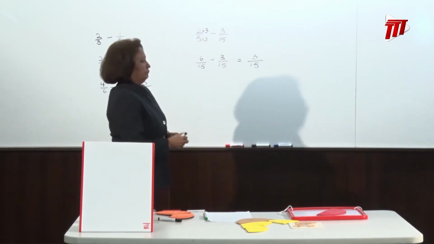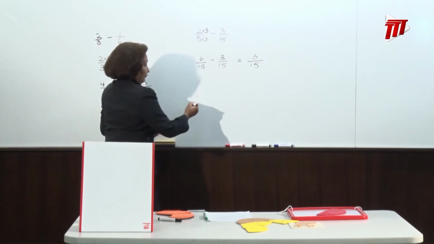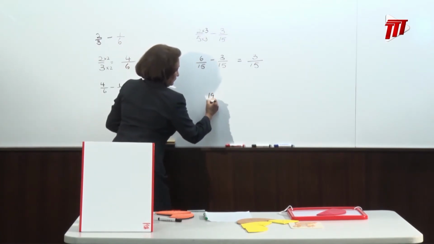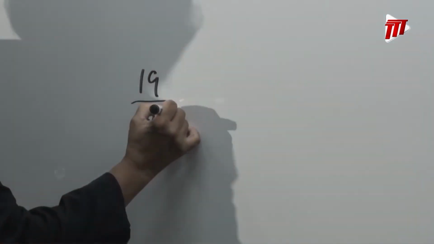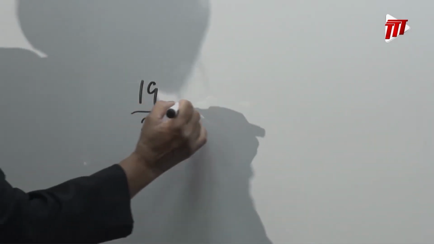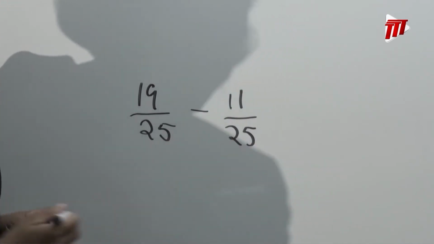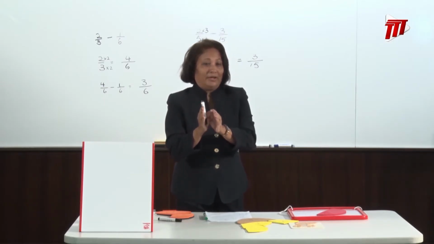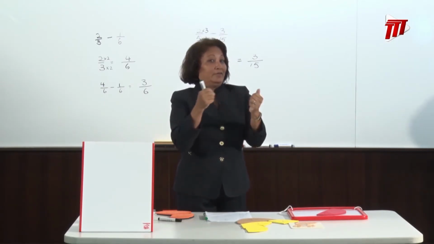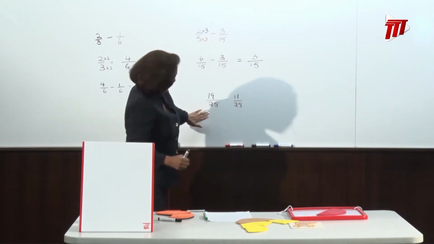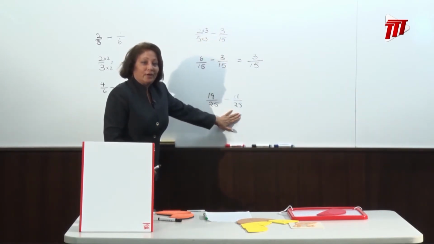What about 19/25 minus 11/25? We are interested only in whether the denominators are the same, right? We have 25 here, we have 25 here.